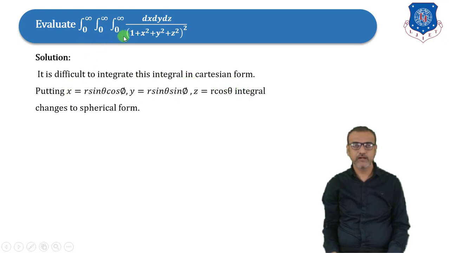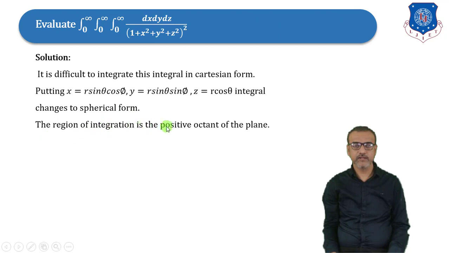Therefore, we will convert this integral into spherical form, putting x equals r sin theta cos phi, y equals r sin theta sin phi, z equals r cos theta. The integral changes to spherical form.